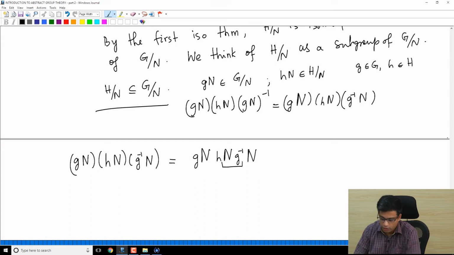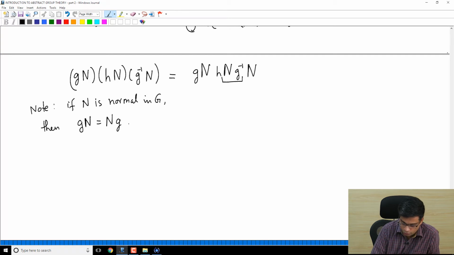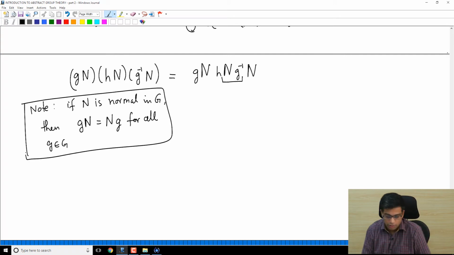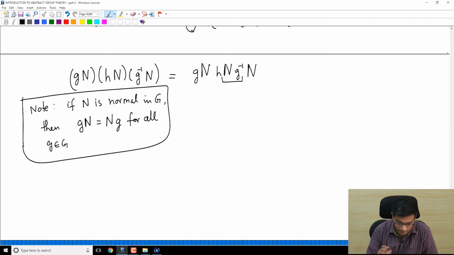In some previous video I commented that if n is normal in G, then Gn equals Ng for all g in G. So this means that Ng inverse would be equal to G inverse n.